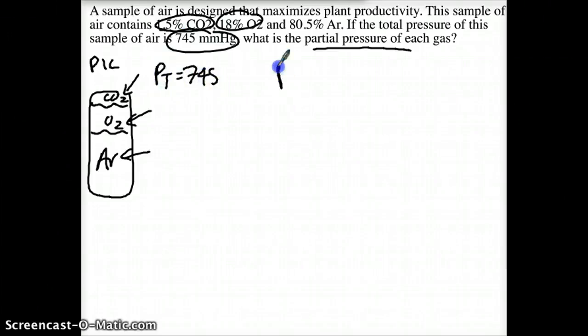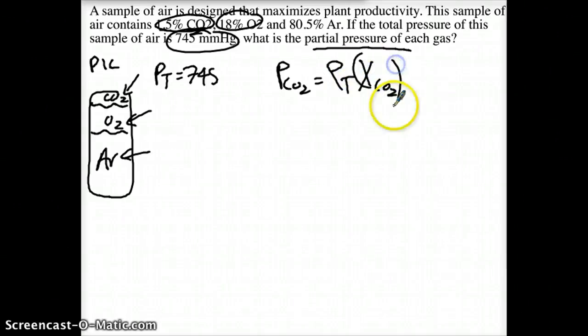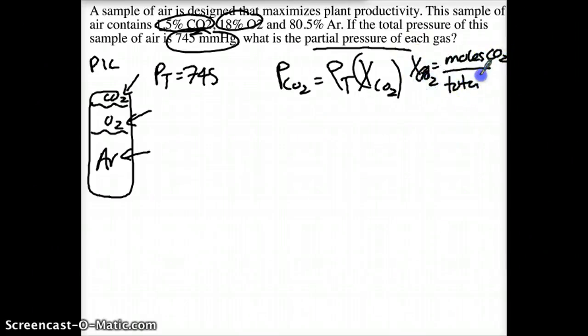Well, I know the partial pressure of one gas, like for CO2, is equal to the total pressure of the mixture times the mole ratio of CO2. Well, let's think about what's the mole ratio of CO2. That is how many moles of CO2 over the total moles I have.